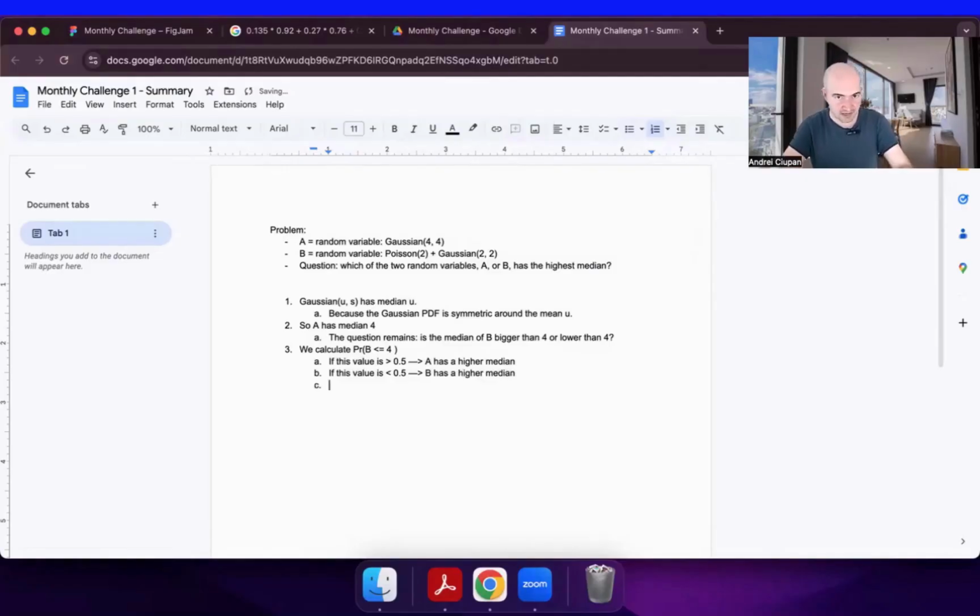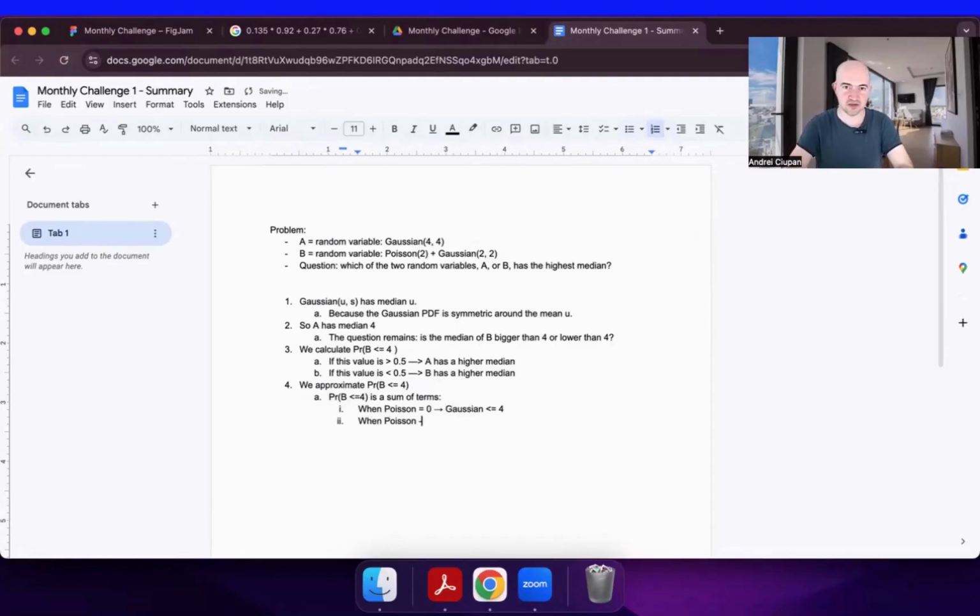And then we approximate the probability that A is less than or equal to 4. This probability is a sum of terms. When the Poisson equals 0, then we require the Gaussian to be less than or equal to 4.